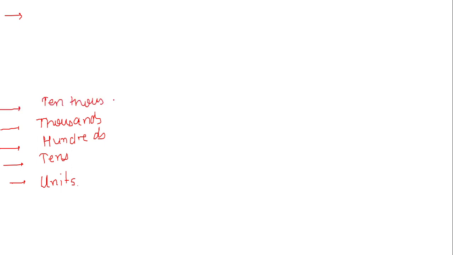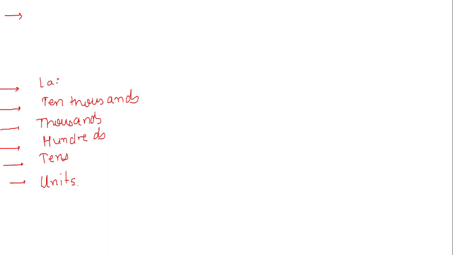Then we give the tens place, then the hundreds, then the thousands place, then the 10,000s place, right? So whatever the places we are assigning to one particular given digit, that particular place is nothing but the place value. Okay, to understand this in detail, let us just go through all these places once.